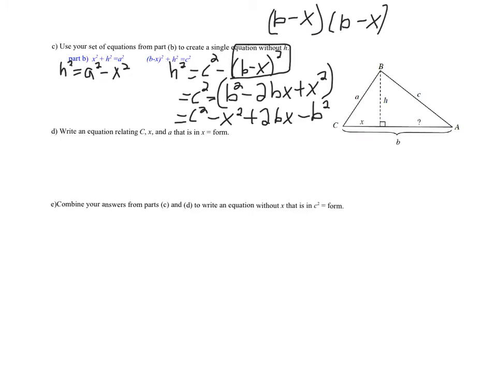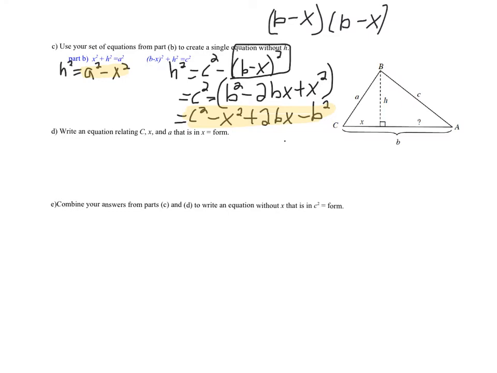Now, since both of these are equal to h squared, a squared minus x squared equals h squared, and all of this equals h squared, I'm going to set those equal to each other.